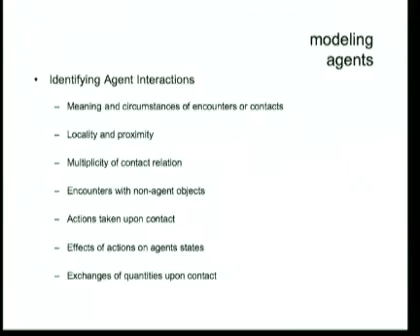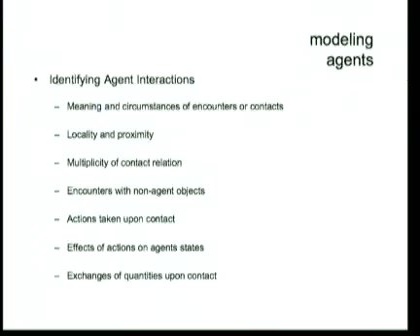What is the meaning of encounter or contact and the circumstances? In real space actions, it typically means that agents have moved within a distance or a proximity of one another, or otherwise have a communication link between them. So locality and proximity are very important aspects of modeling agent interactions.